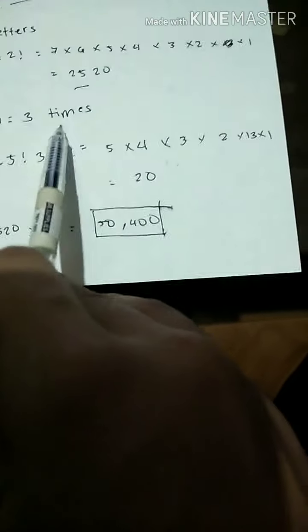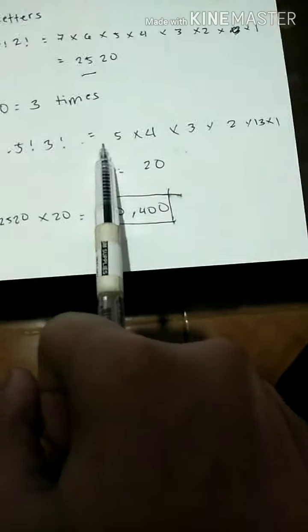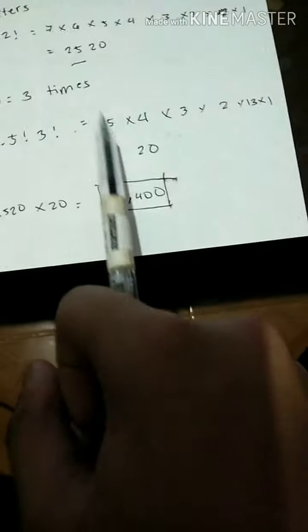In the vowel section, O is repeated 3 times, so it will become 5 times 4 times 3 times 2 times 1 over 3 factorial, and the answer is 20, because it is 5 times 4 only. And then for the final answer, you will multiply the answer in letters and in vowels.